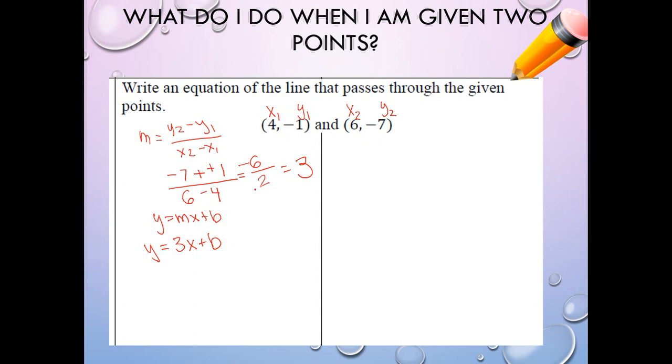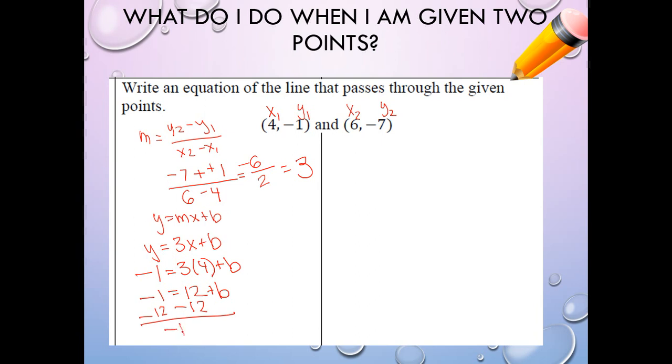These are smaller numbers. So my x is 4, and my -1 is y. So I have -1 equals 3 times 4 plus b. Now, we want to solve for b. So I'm going to figure out what's 3 times 4, which is 12, and then solve for b.